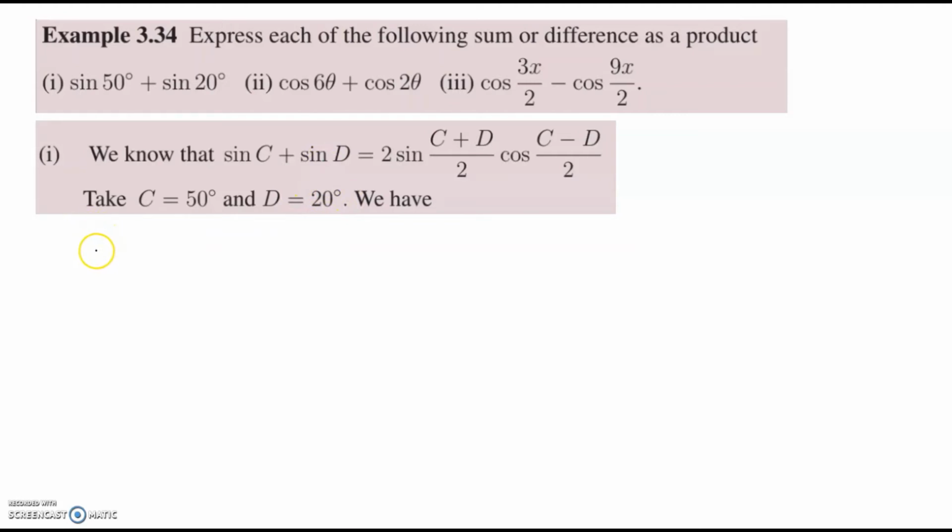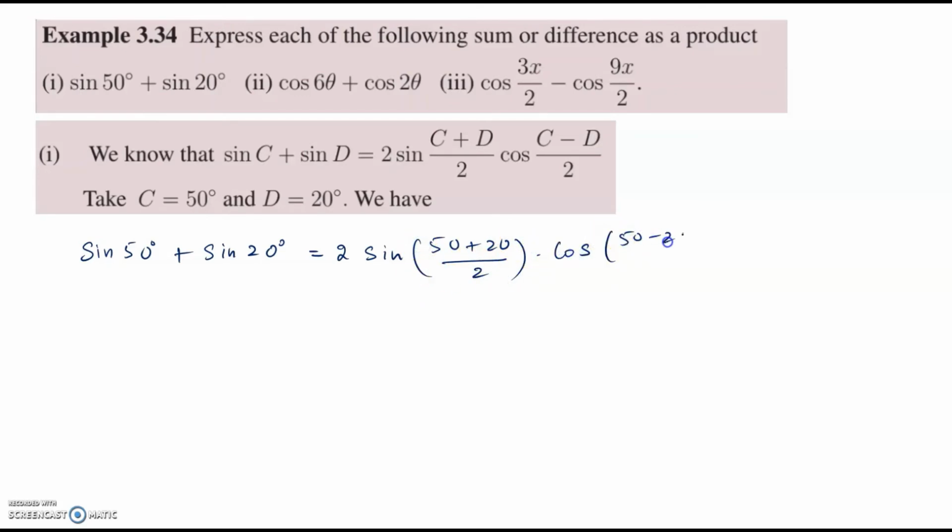So we have sine 50 degrees plus sine 20 degrees is equal to 2 times sine((50 plus 20) divided by 2) into cos((50 minus 20) divided by 2), which is 2 times sine 70 by 2 would be 35 degrees into cos 30 by 2 would be 15 degrees.